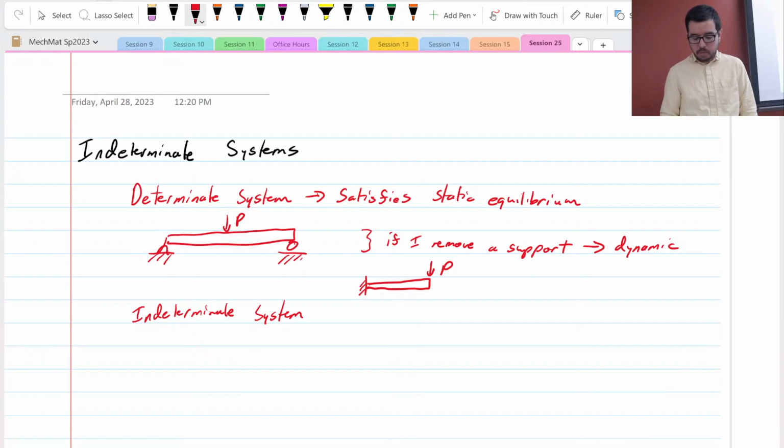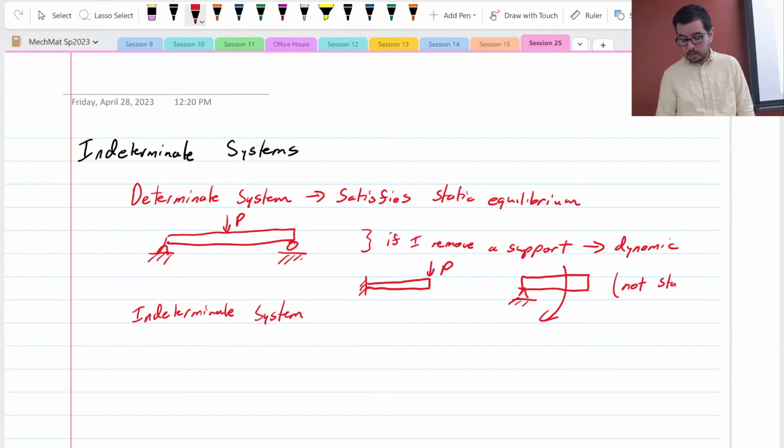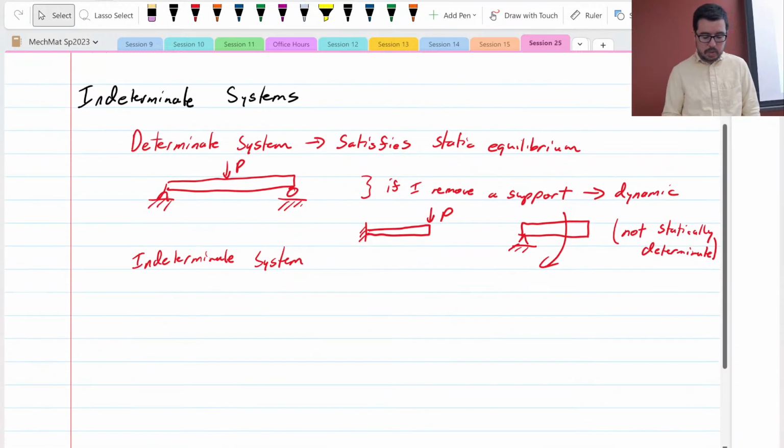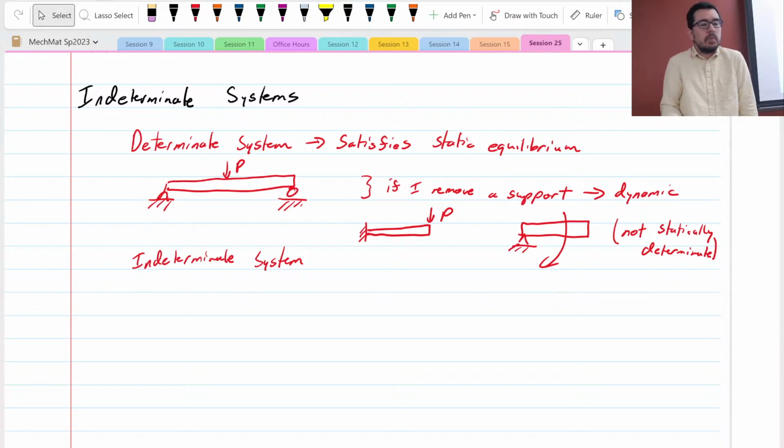If I take away the moment restraint from the wall, this is just going to go whoop, and it's not statically determinate at least. So when we look at these indeterminate systems, the name of the game is how many of the supports, the reactions, can I remove to get to a determinate system.